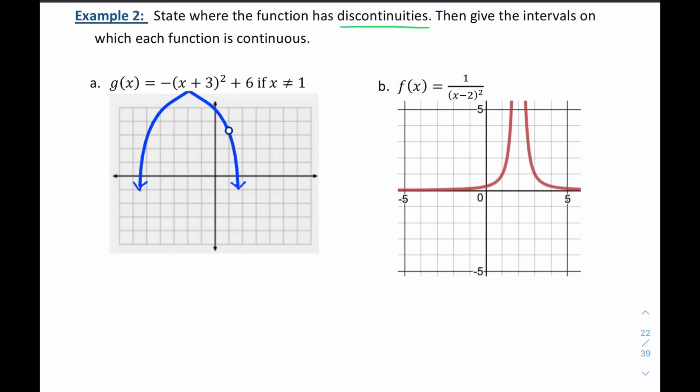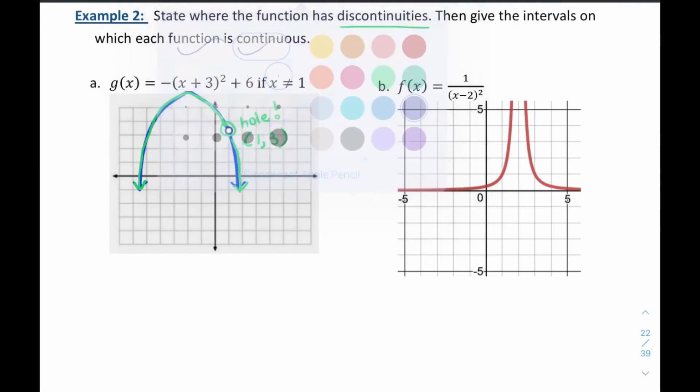So for g of x, I could kind of trace it, but then when I get to the point right there with my x value of 1, it's a hole. I have to lift up my finger to stop tracing it there. That is a discontinuity.